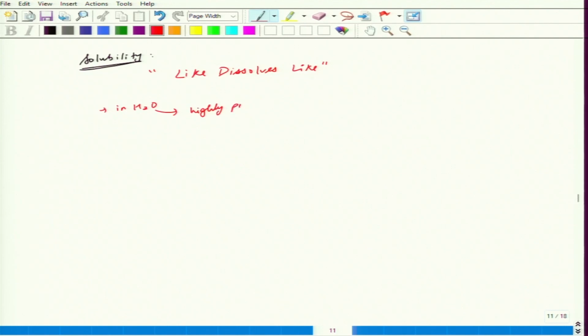Alkanes, on the other hand, are almost non-polar. They have slight polarity, but obviously not as much as water does. So alkanes are not soluble in water.